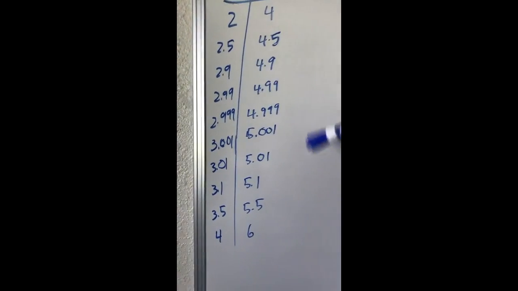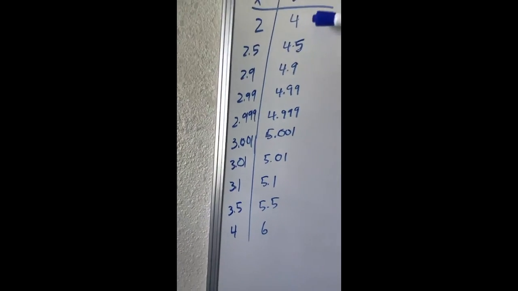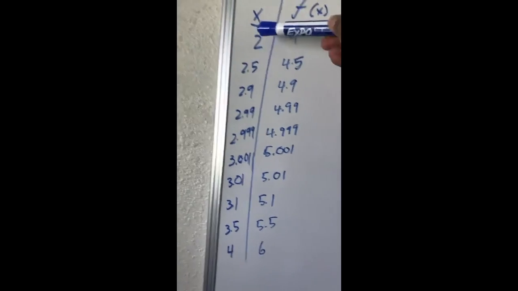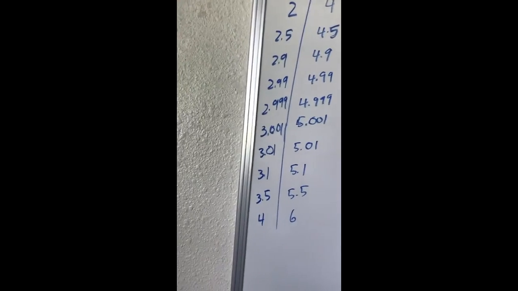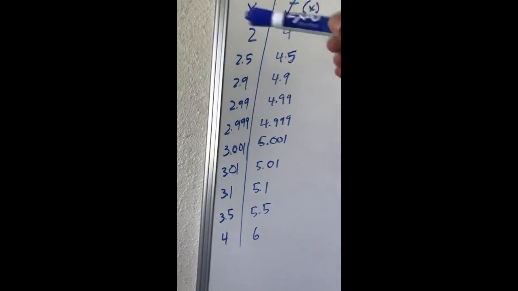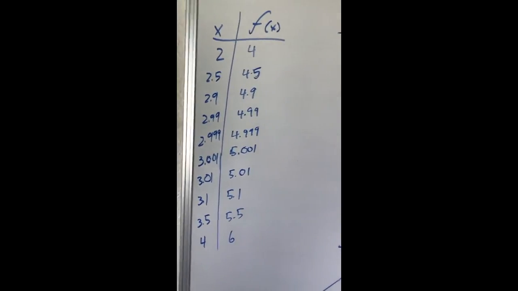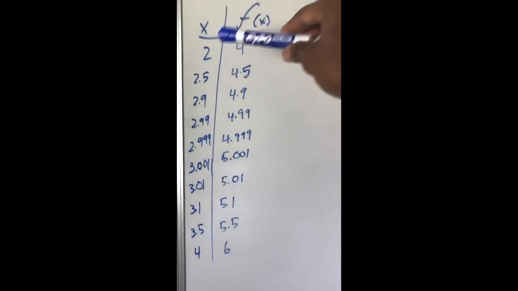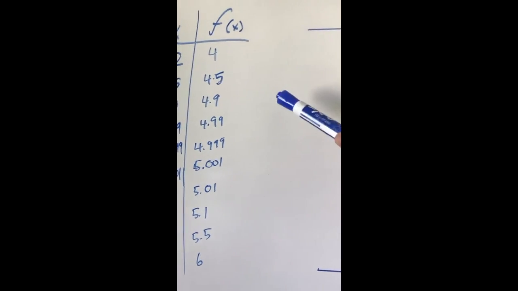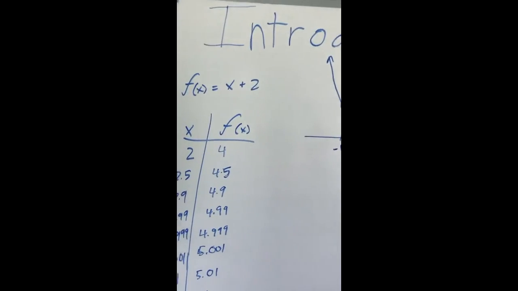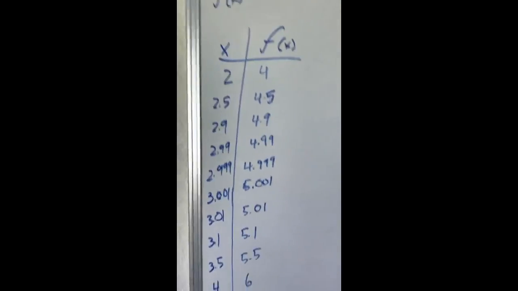So, given this table, we have values for x that are getting closer and closer to 3, going from 2 to 2.5, as close as we can get to 3. And then one thing you may notice is that as x is getting closer to 3, f of x is getting closer to 5, which makes sense because if we plug in 3 to our function, we get 3 plus 2, which is 5.